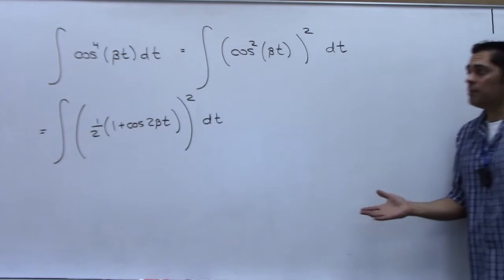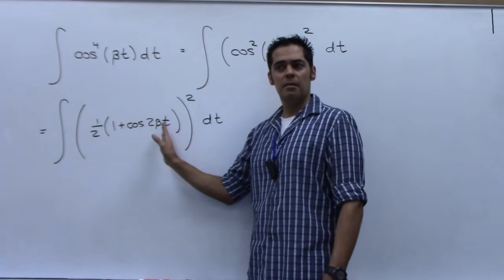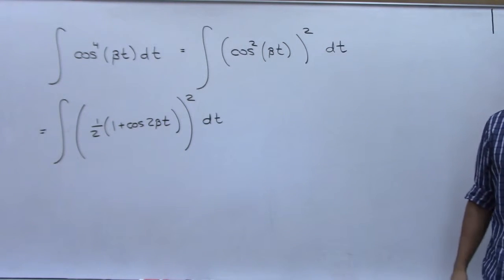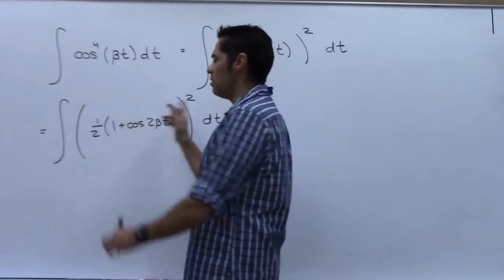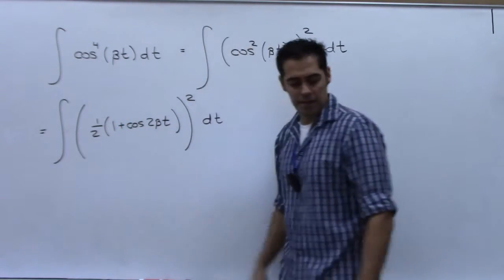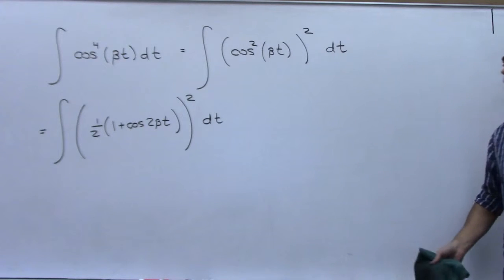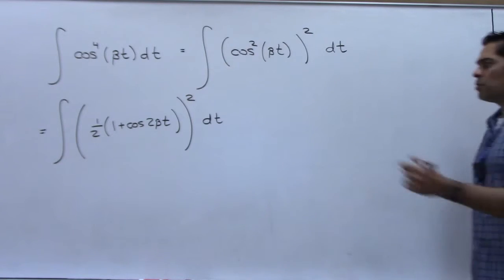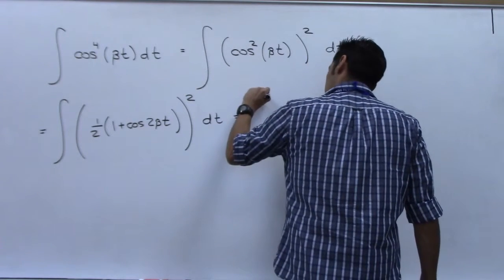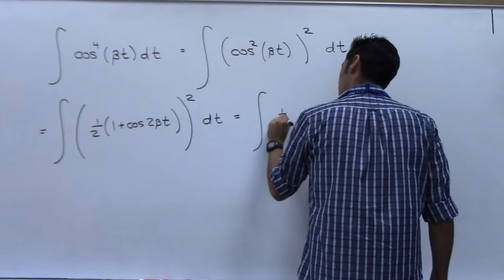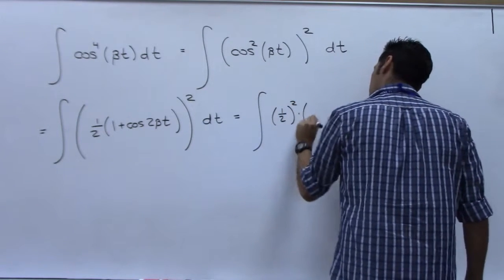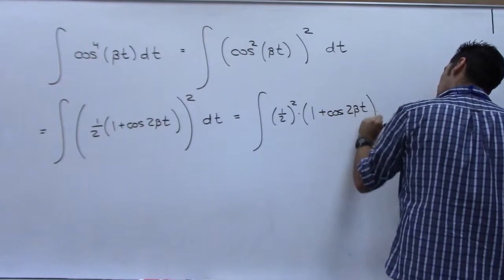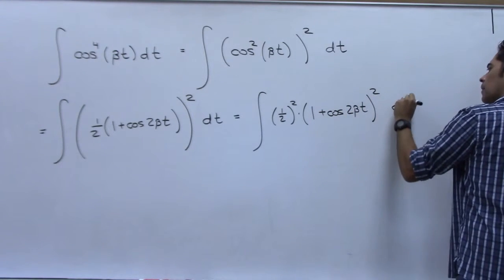You are not allowed now to go in here and integrate these piece by piece, because it's being squared. And you can't take the 1/2 out because it's being squared also. Now you could, because you could square it and then get it out of there, which I will do in the next step. But I just want everyone to appreciate that it's not as easy as the last problem was. So here's what I'll do. What happened there?